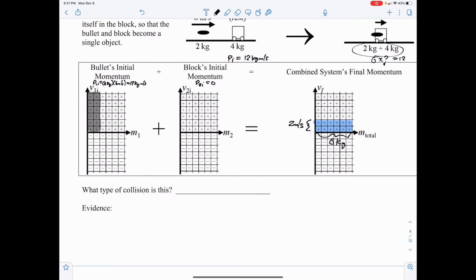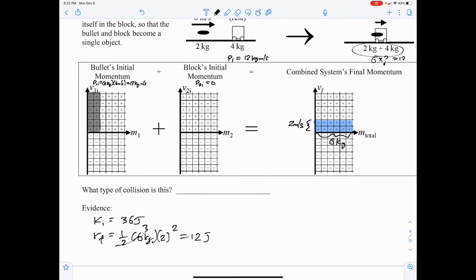Well, again, let's find the kinetic energy before and after, and we'll determine. The kinetic energy before is still 36 joules. That didn't change because the information is the same. The final kinetic energy, however, is 1/2 times the mass, now 6 combined kilograms, times 2 meters per second squared. So half of 6 is 3, times 4 would be 12.